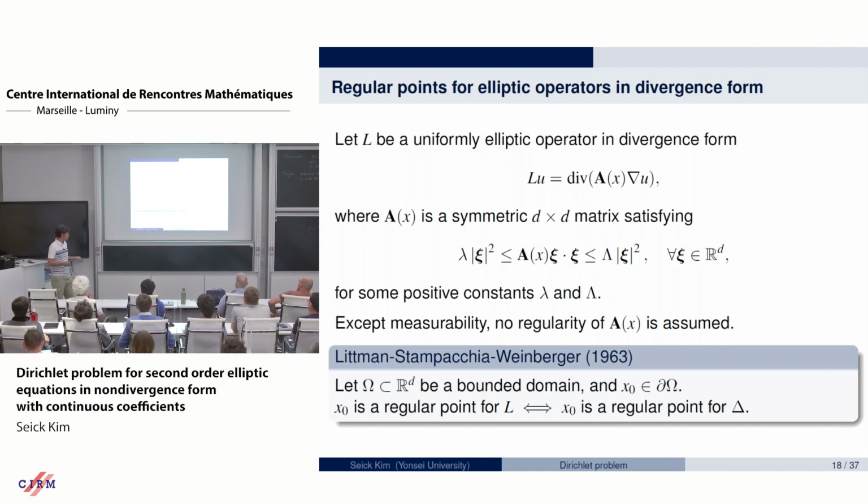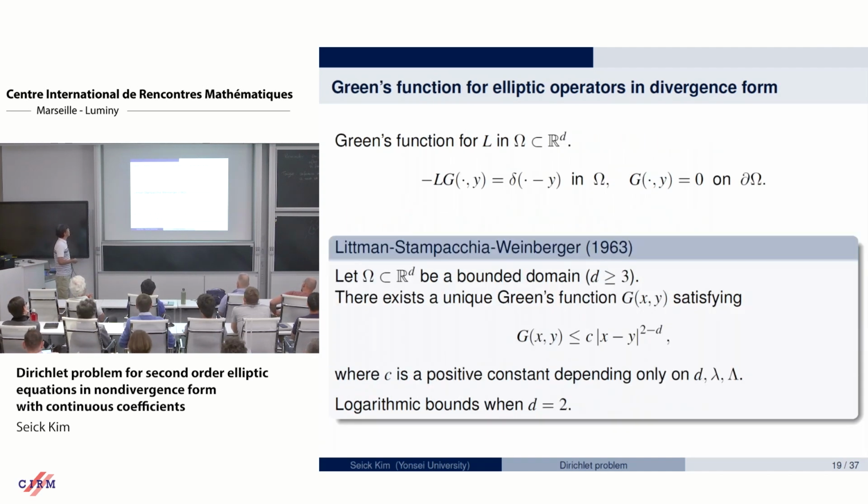So there's an equivalence, okay? So, okay, how do they actually do that? They constructed the Green's function, first of all. And they established this pointwise bound of the Green's function.